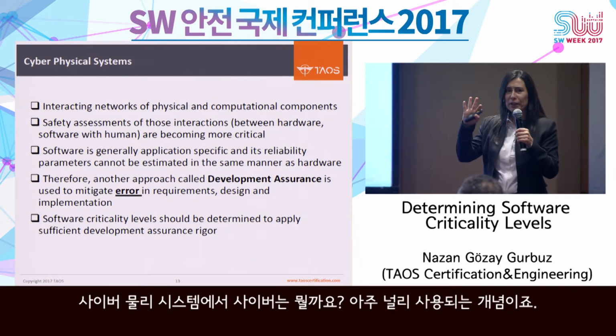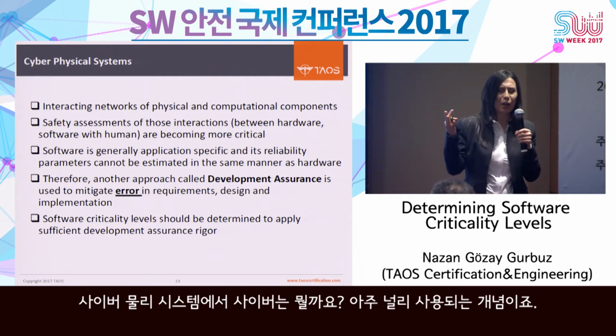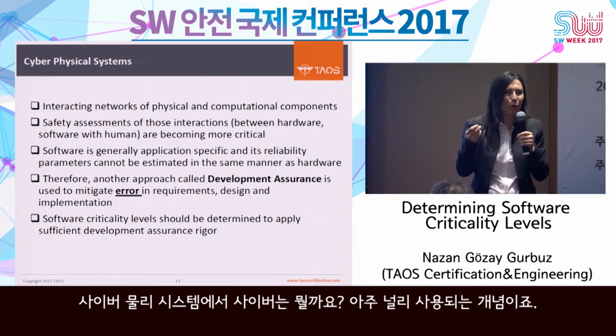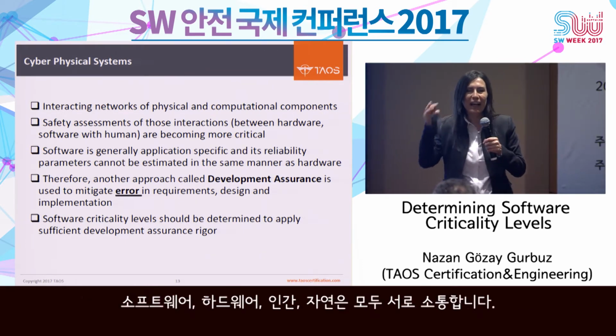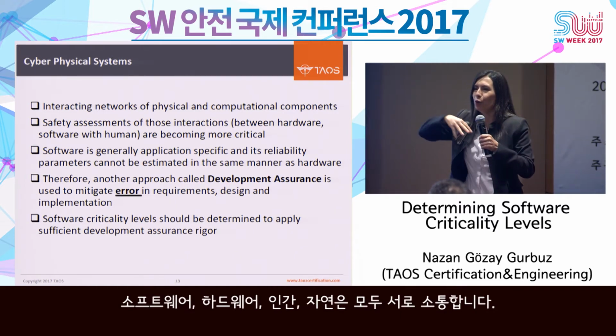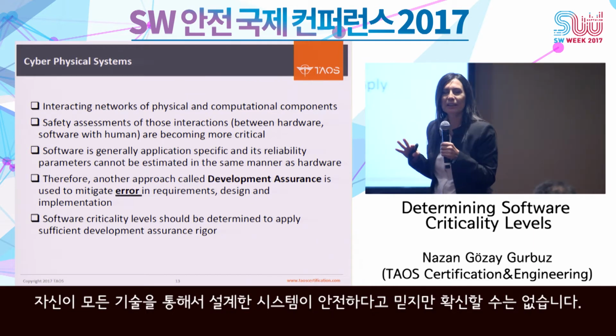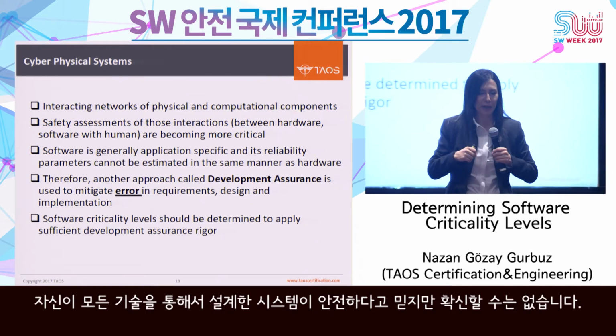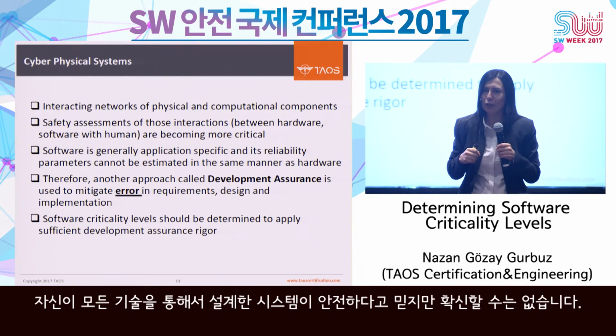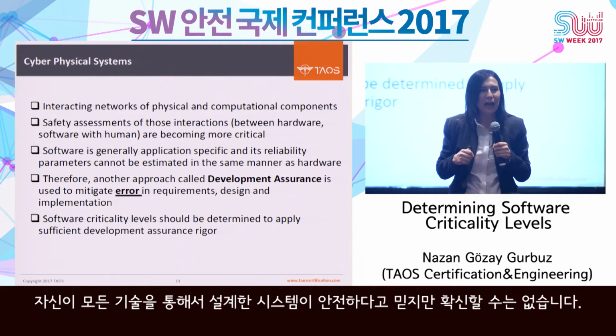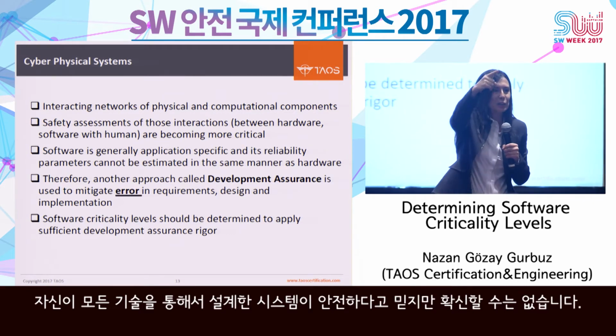Now we are talking about cyber-physical systems. What is cyber? It's a very popular name, cyber-physical. Software, hardware, human, network, all interacting with each other, right? So I design a system. I know it is very safe. I use all techniques, but I am only as safe as my weakest point.